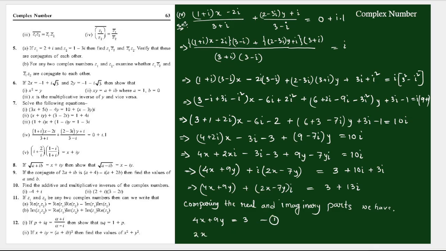And then 2x minus 7y, this is equal to 13. This is your 2. So now you see 4x, this is 2x. तो इसको 4 बना देने से elimination method से we will be able to do. So equation 2 को हम 2 से multiply करेंगे.